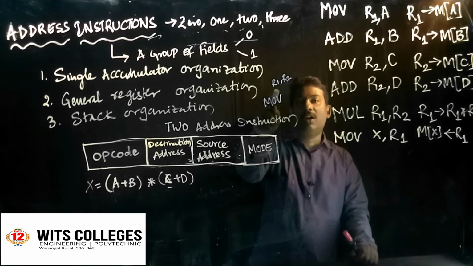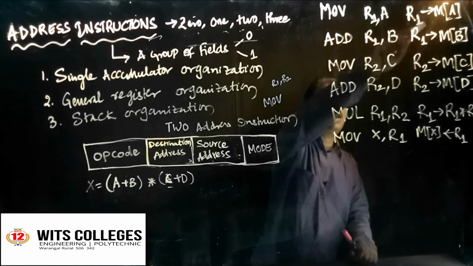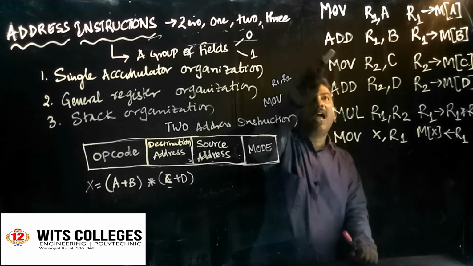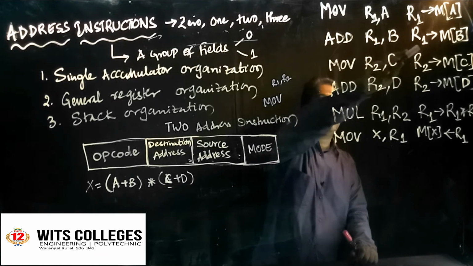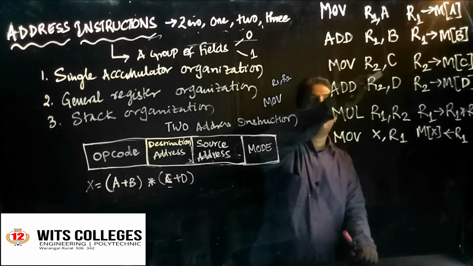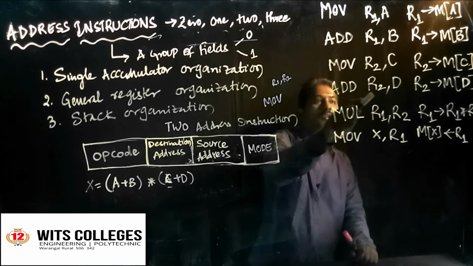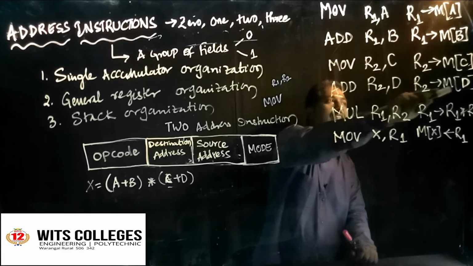The registers we have used are two, R1 and R2. Move R1 comma A, R1 stands for M of A. Add R1 comma B, R1 stands for M of B. Next, move R2 comma C, R2 stands for M of C. Add R2 comma D, R2 stands for M of D.